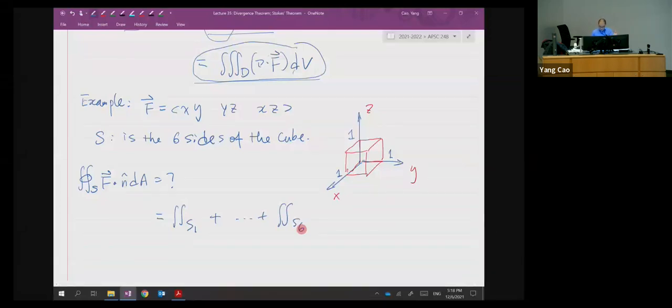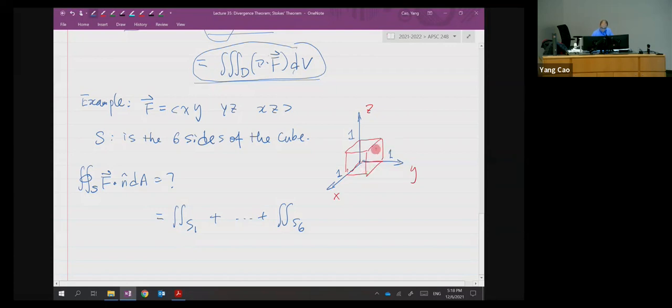And each one of the surfaces in this case is a very simple surface. They are a special case, because each surface is parallel to either the XY plane, XZ plane, or YZ plane. Then when you set up the surface integral for each one, you have to choose the n hat for each surface.